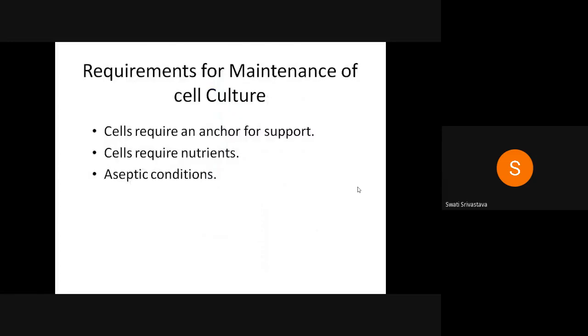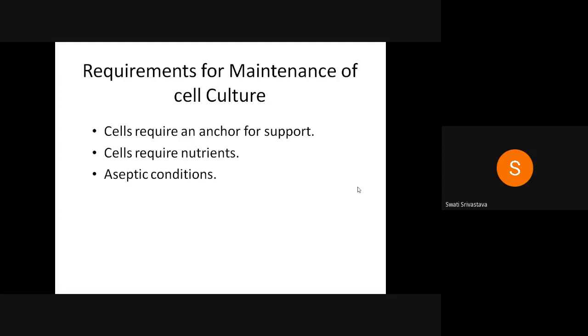Then how will you maintain a cell culture? The requirements are: first, the cells are adherent in nature. They cling together in a tissue environment. So they require an anchor for support. Then the cells require nutrients in the form of hormones, vitamins, and so forth.